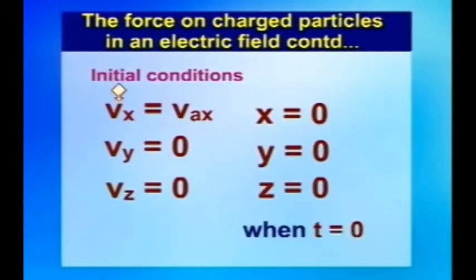So the initial conditions are: in the x direction its velocity vx is equal to vax, and x is equal to 0; in the y direction vy is equal to 0, that means we are not expecting any velocity in the y direction, so y is equal to 0. Similarly in the z direction also we are not expecting any velocity. So this slide gives you the information about the initial conditions for identifying the velocity of the electron.